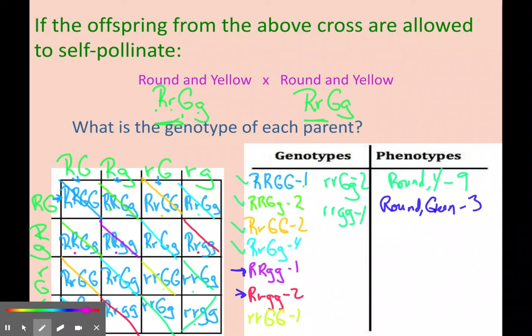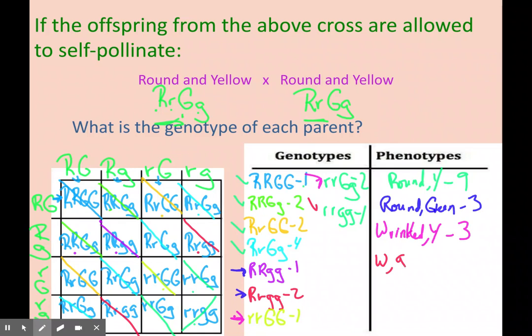Then our next one here, we've got wrinkled and yellow. So that would be this guy and this guy. So 3 of those. And then the last one, this one is wrinkled and green. And we've got 1 of those.